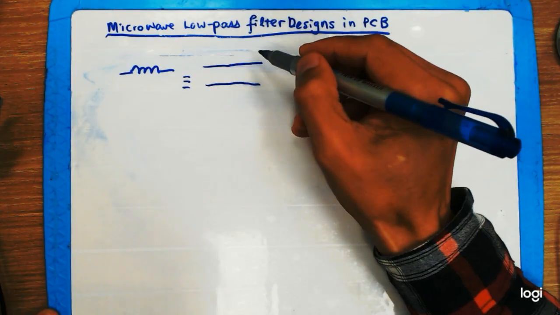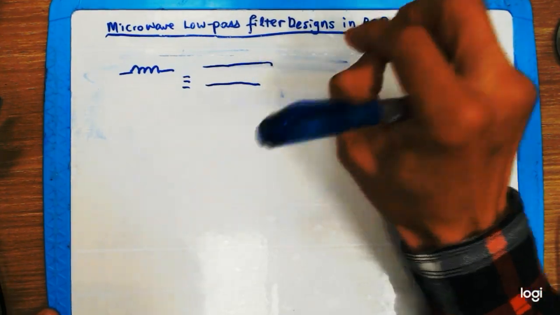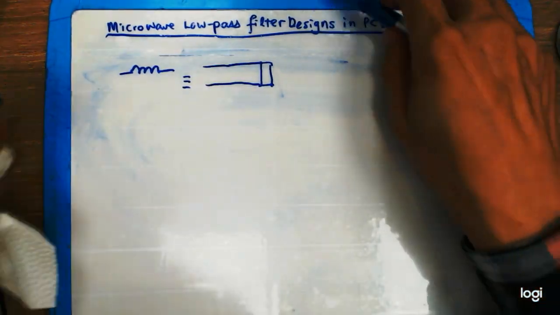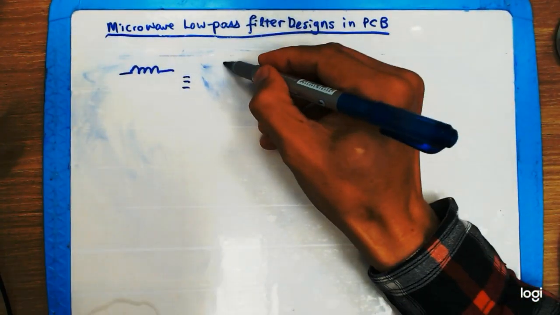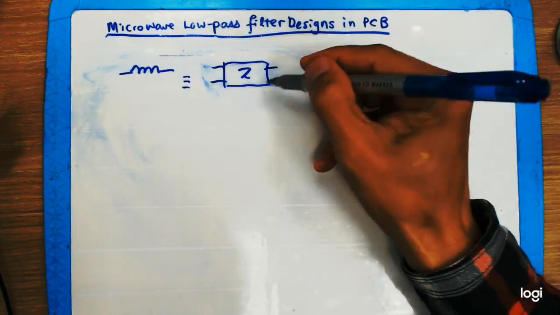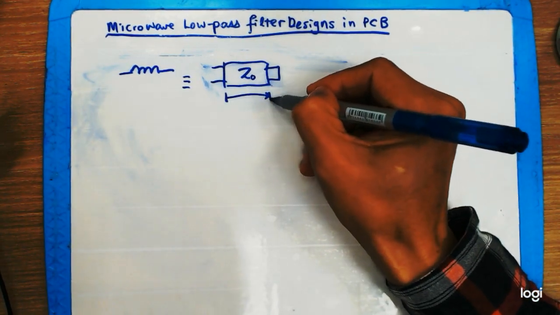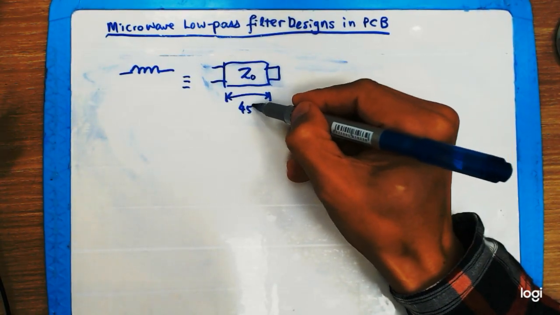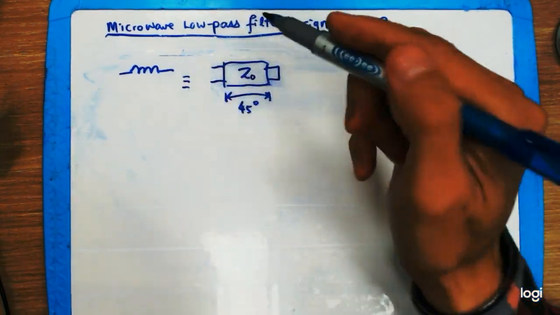So this is the transmission line, and it's a short circuit, and the length here is equivalent to 45 electrical degrees. And let me explain to you why we can do that.